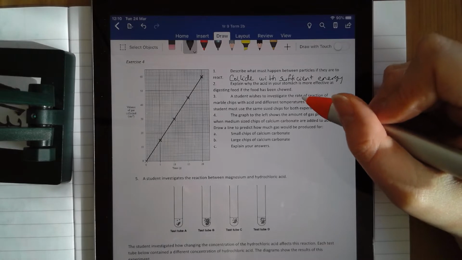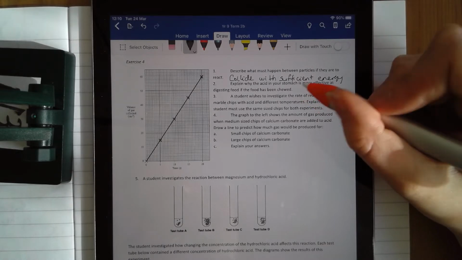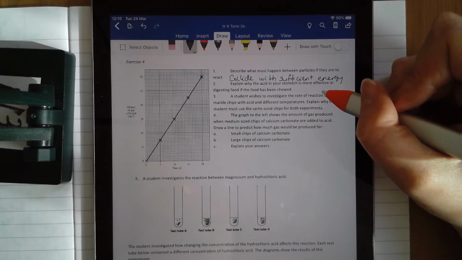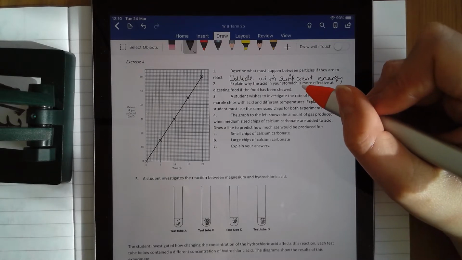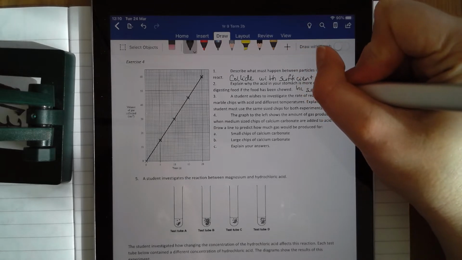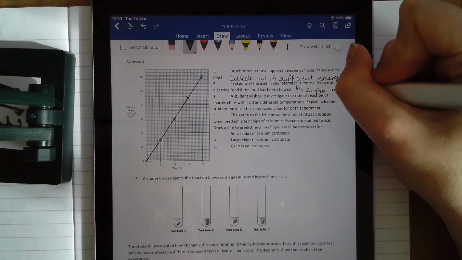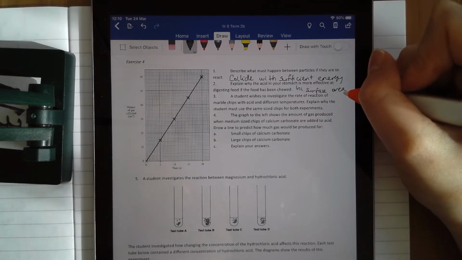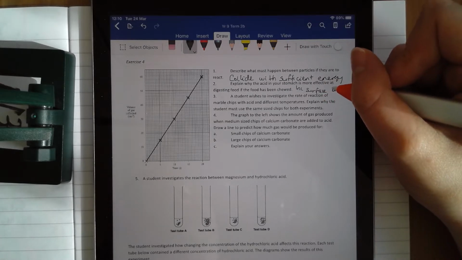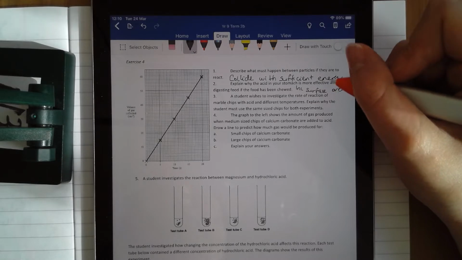Okay? Explain why the acid in your stomach is more effective at digesting food if the food has been chewed. So I don't really have space to write this full answer, but what you would need to say is when you chew your food, you are increasing the surface area. And if you increase the surface area, you are increasing the frequency of collisions, and therefore you are increasing the rate.